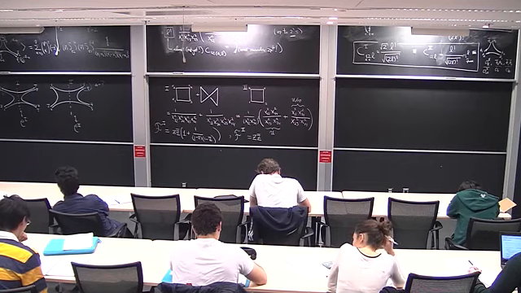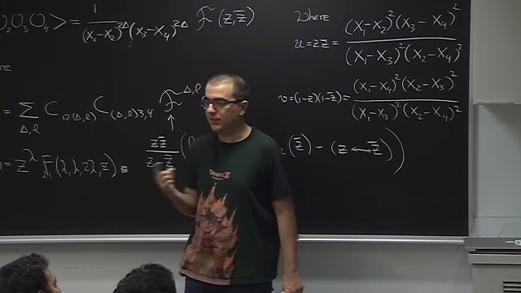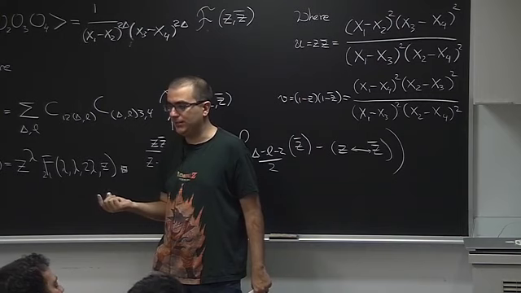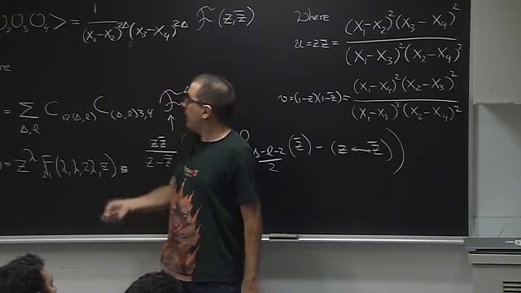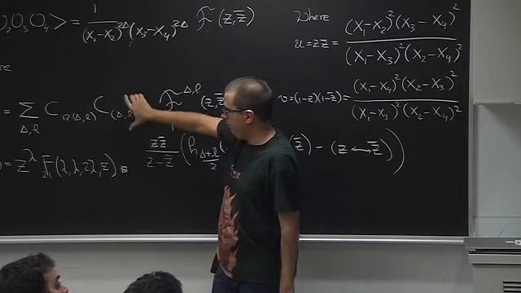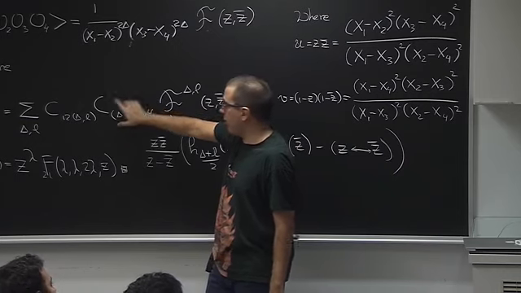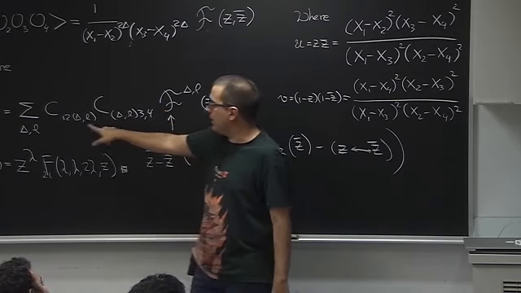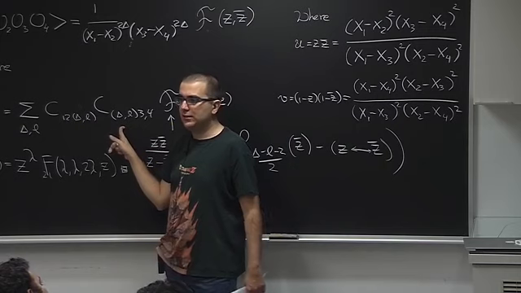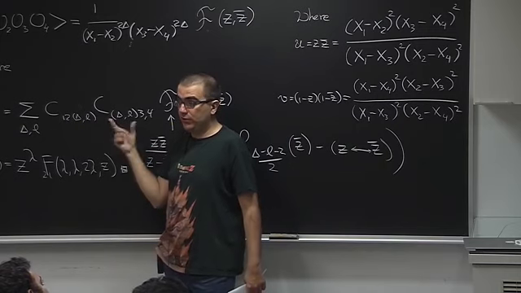Because if you look at a 4-point function and you want to read off the structure constants and the spectrum from it, what should you do? You should take your 4-point function, write it in this way, and the coefficients of each hypergeometric are directly related to the structure constants. Now, this was the basic idea.